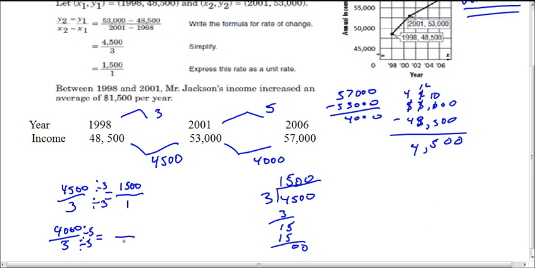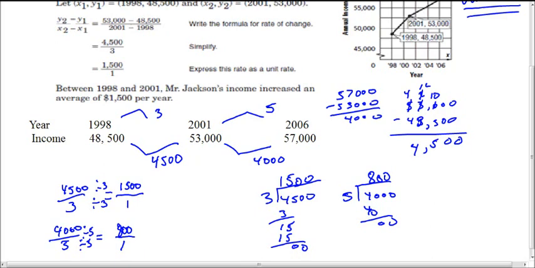Let's go ahead and do that because I want to let you see the math. 5 goes into 40 8 times, and that gives me 40, and then 0, 0. So here, his rate of change for 2001 to 2006 is only $800. So that tells us that between the years 2001 and 2006, his income increased by $800 per year. So again, working with this information, we can go further along.